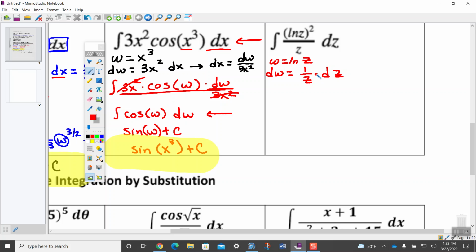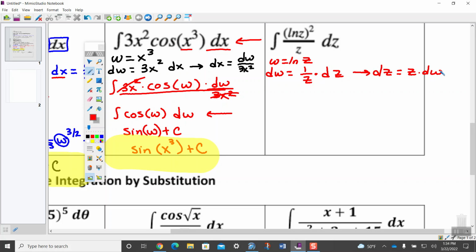So what is the reciprocal of 1 over z? Z. So from this, wouldn't this really be z times dw? dz would equal z times what, your friend? Agreed?